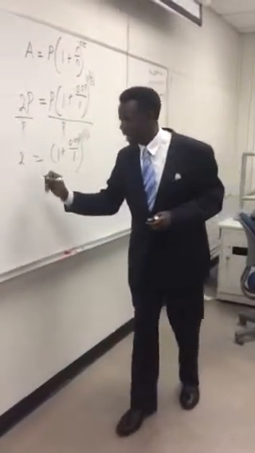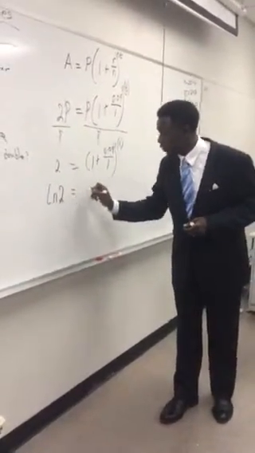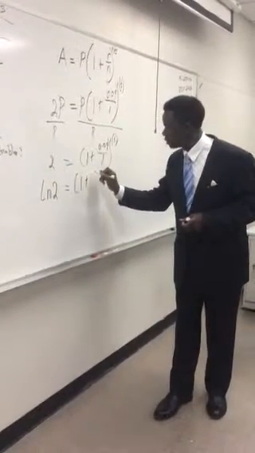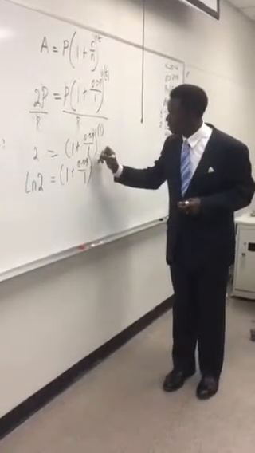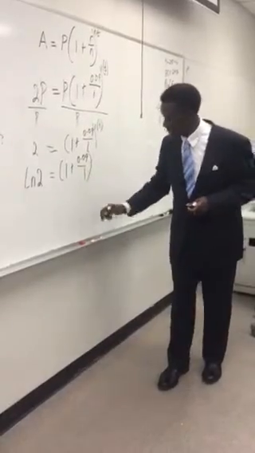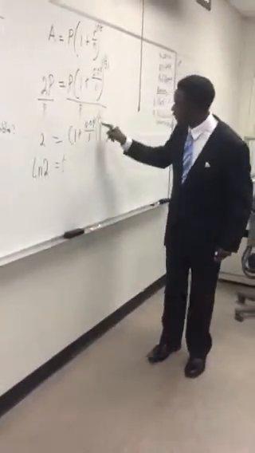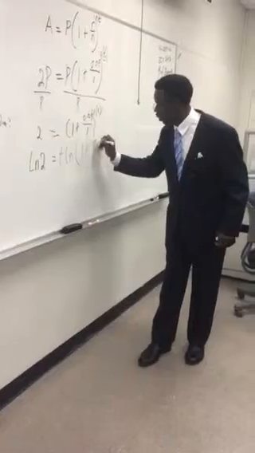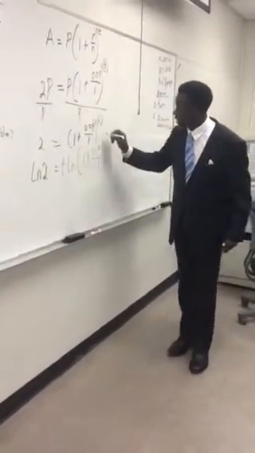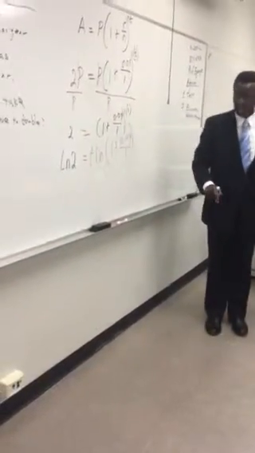So the natural logarithm is ln 2, which is equal to ln of 1 plus 0.09 over 1, raised to the power t. I'm going to bring this t down, so ln 2 equals t times ln of 1 plus 0.09 over 1, because t times 1 is t.